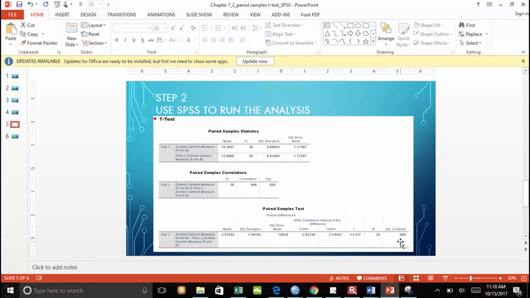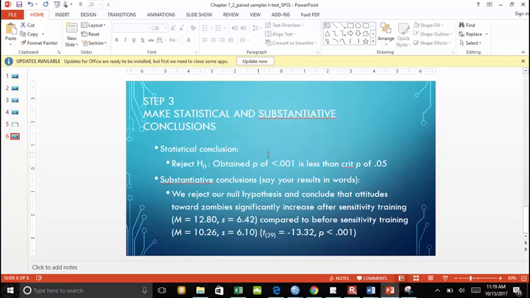So it might be your chance of making an error is 0.0000008, rounded to 3 decimal places is 0.000. So you can never, in your conclusions, write that your obtained P of 0 is less than your critical P of 0.05, because P can never be 0.